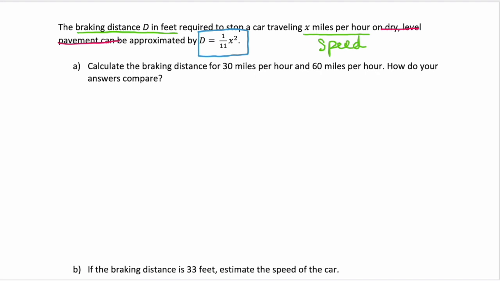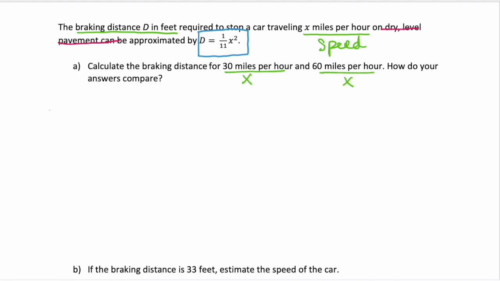Now that we know what D and X stand for, and we have the equation, it should make solving the question that much easier. So part A asks you to calculate the braking distance for 30 miles per hour and 60 miles per hour. Well, remember that miles per hour are your X values.